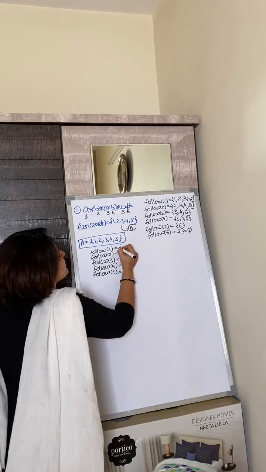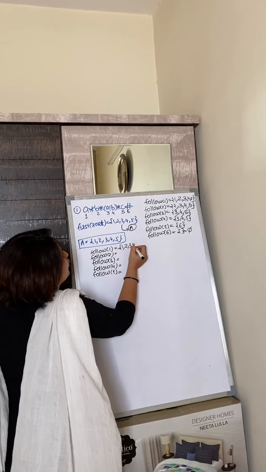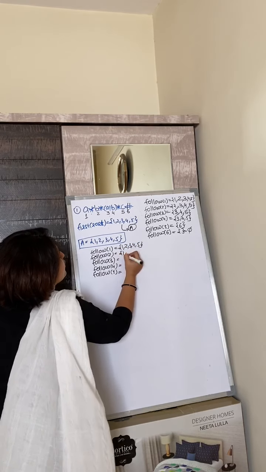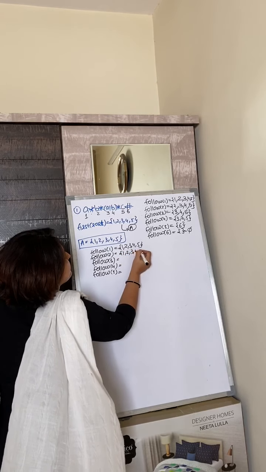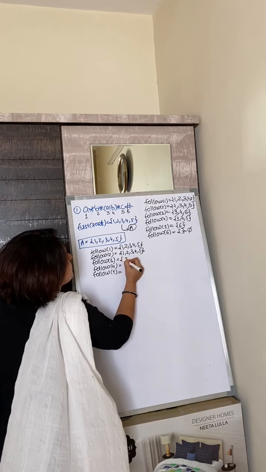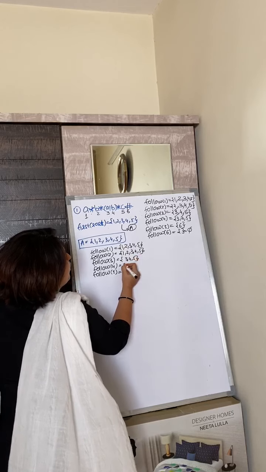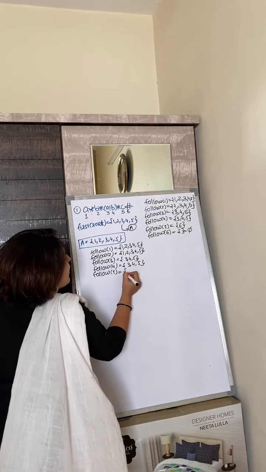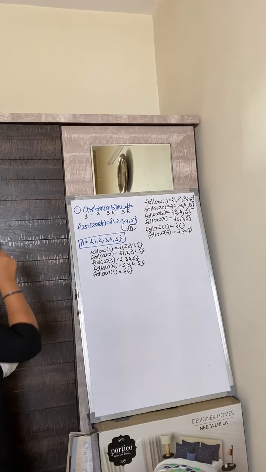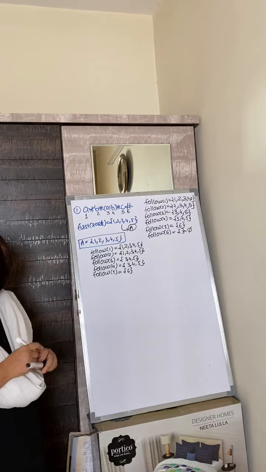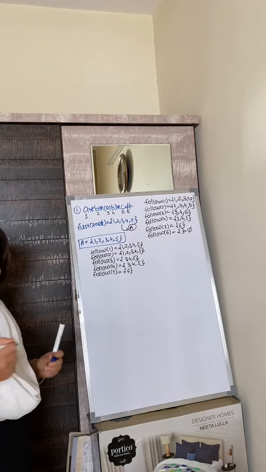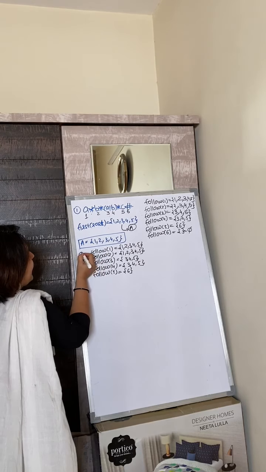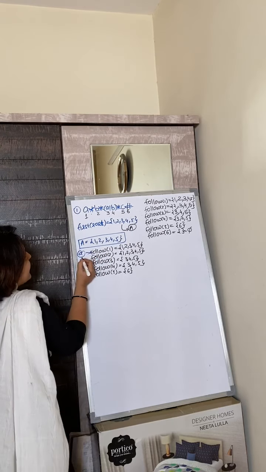Follow of 1 is 1, 2, 3, 4, 5. Follow of 2 is also 1, 2, 3, 4, 5. Follow of 3 is 3, 4, 5. Follow of 4 is 3, 4, 5. And follow of 5 is 6. Now after writing these values, we have to write down the mapping to input symbols as well. So 1 indicates A, 2 indicates B, 3 indicates A, 4 indicates B, and 5 indicates C.